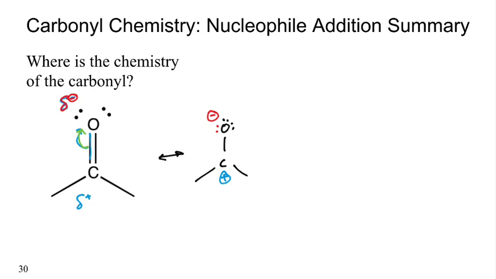How would we define the chemistry of that carbon? So we've already addressed that it is a polar covalent bond. The resonance behind that polarity helps us to see that that carbon is positive.